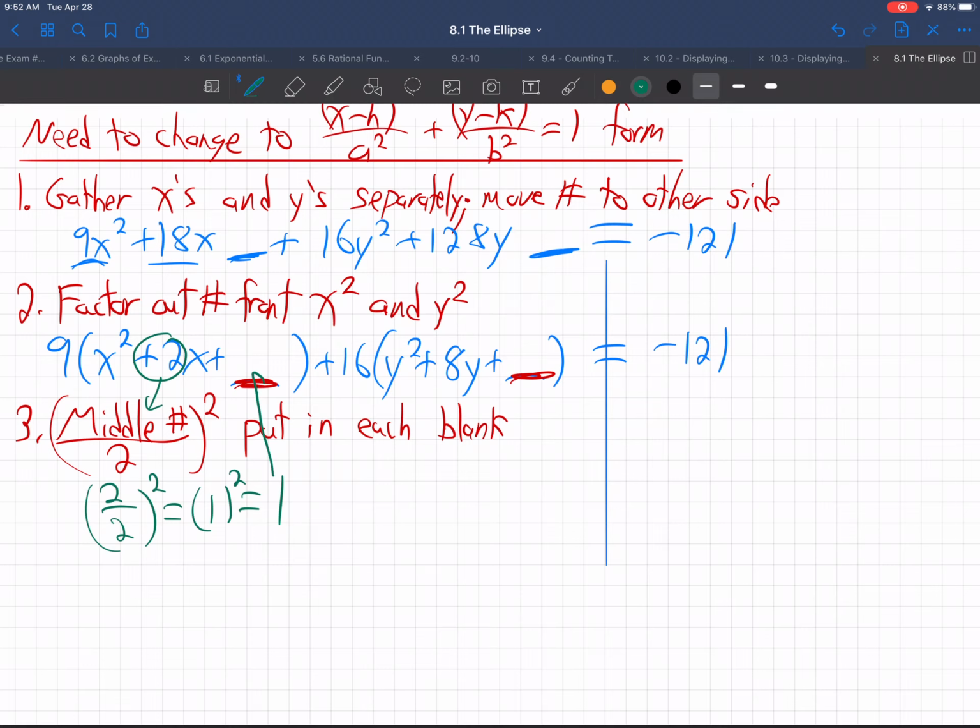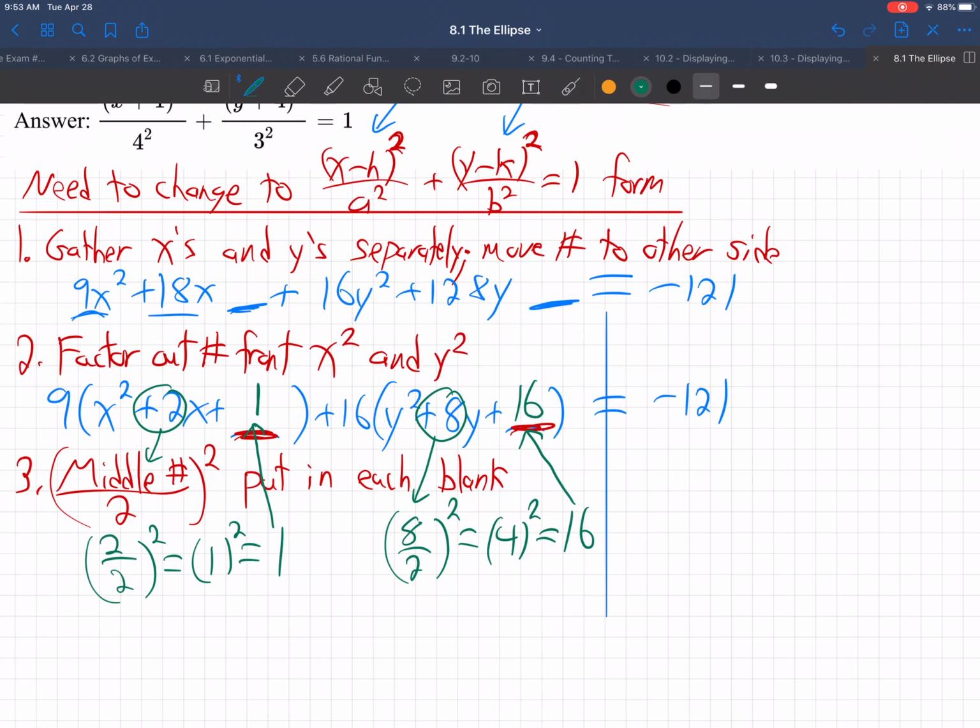So you're going to put a 1 right there. And then for the other one, same kind of thing. You got to take the middle number over 2 squared. That's 4 squared, 16. That's what you got to put there. That'll be exactly the right number to make it factor as, I did it again, didn't I?